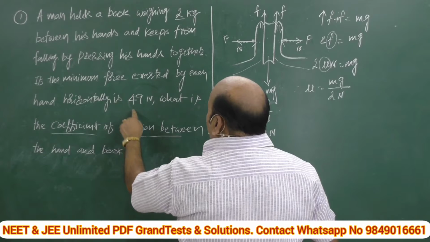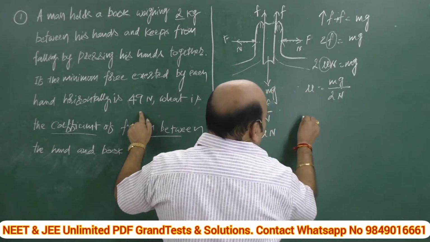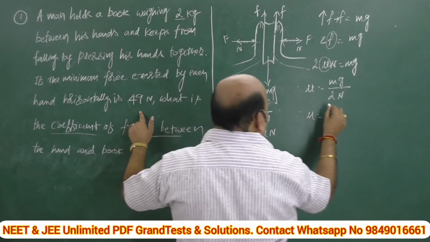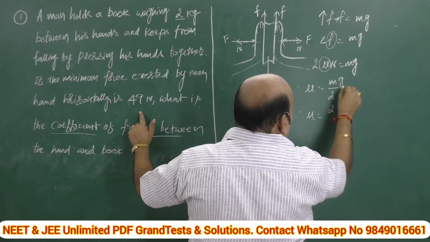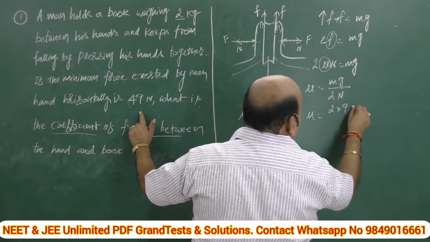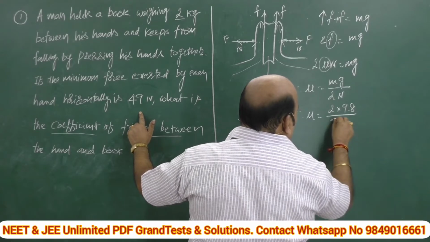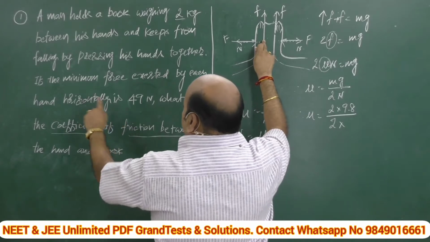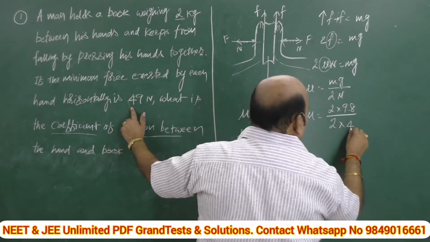With 49 Newton. So mu is equal to m. What is the mass of the book? 2 kg, into acceleration due to gravity 9.8, by 2 into the normal reaction. It is nothing but the horizontal push given, 49.